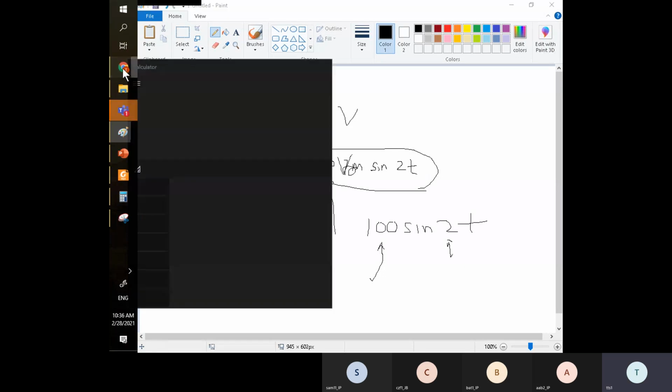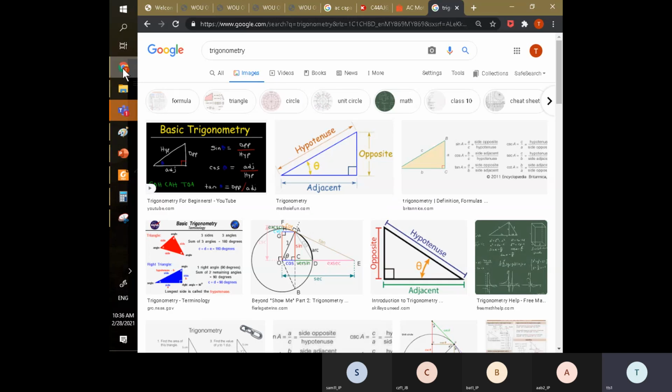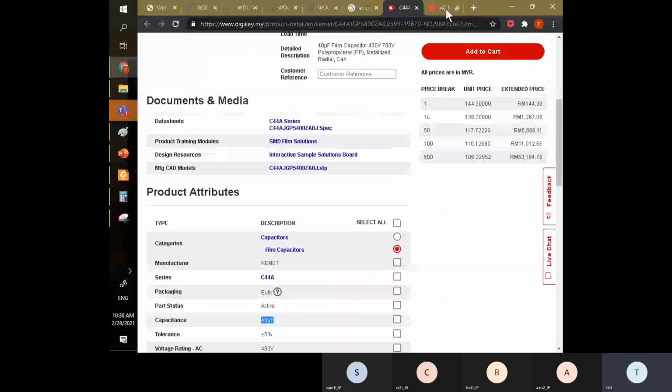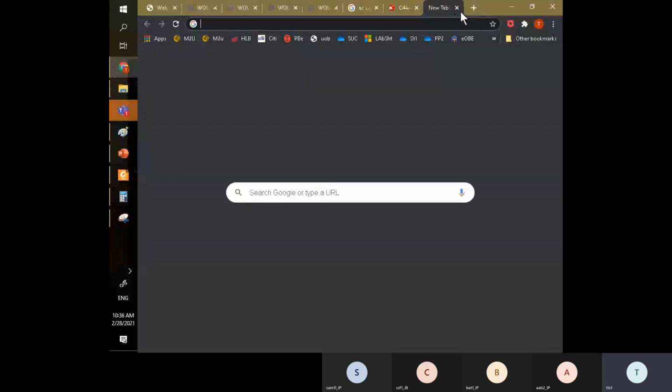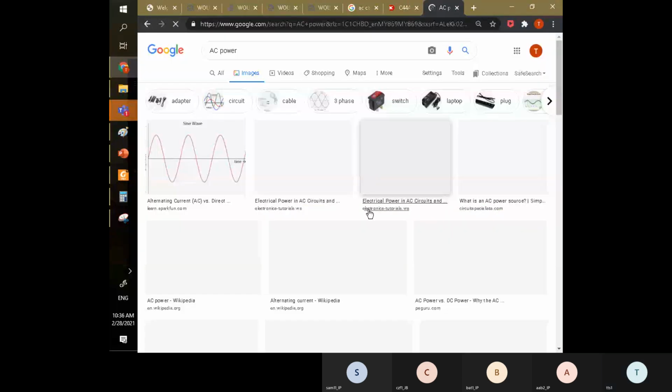You can also confirm this with online tutorials. If you search AC power, you see how people write AC power. We just pick a few examples. You see here's a VPeak, VM.